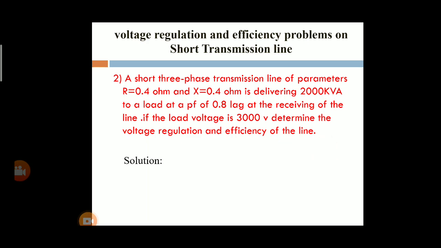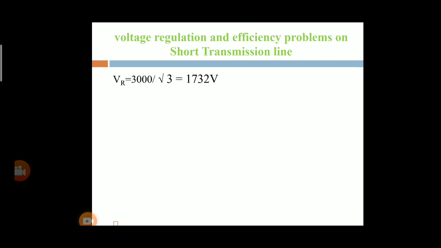Next, the given data: power P equal to 2000 kVA. The power is represented in kVA form. Next, VR is given as 3000.